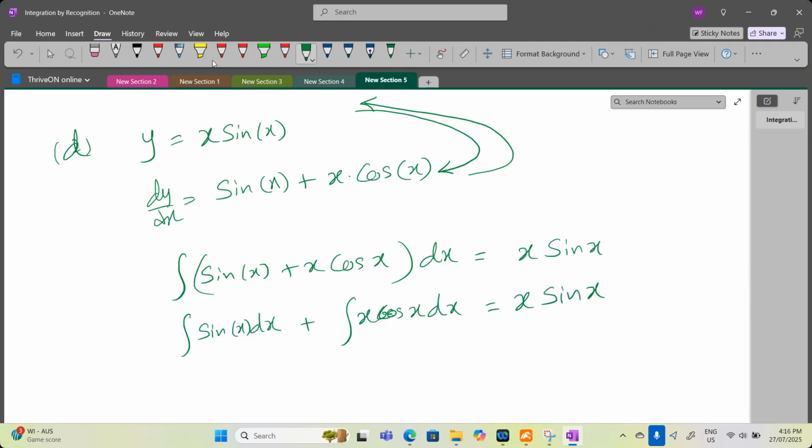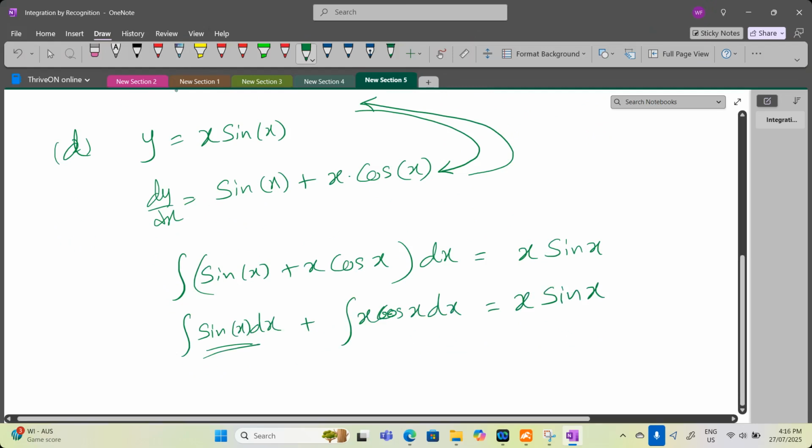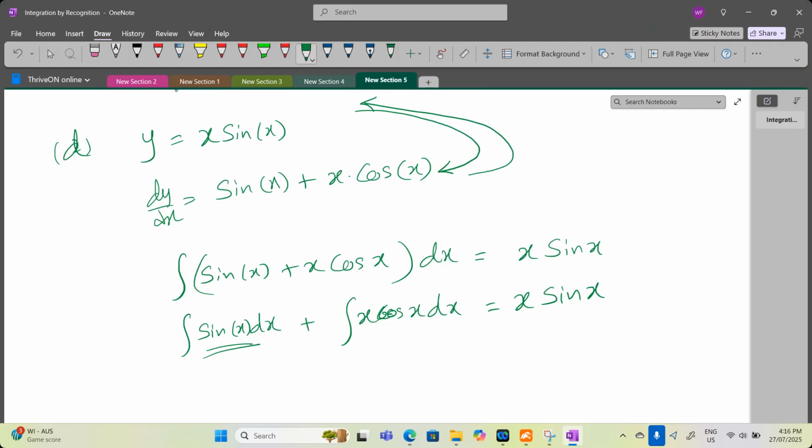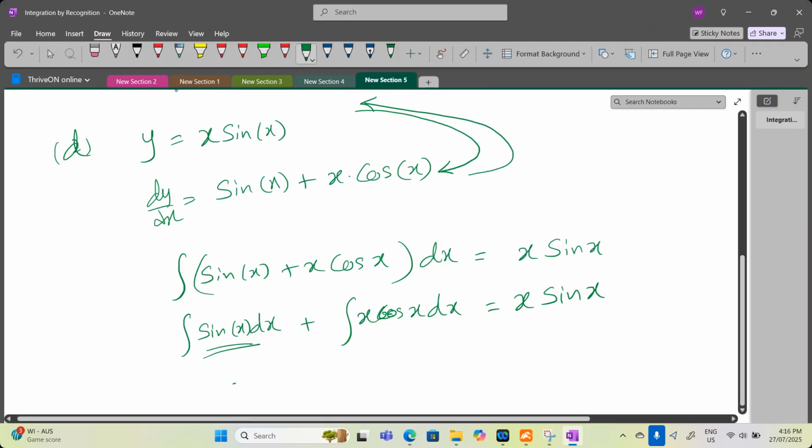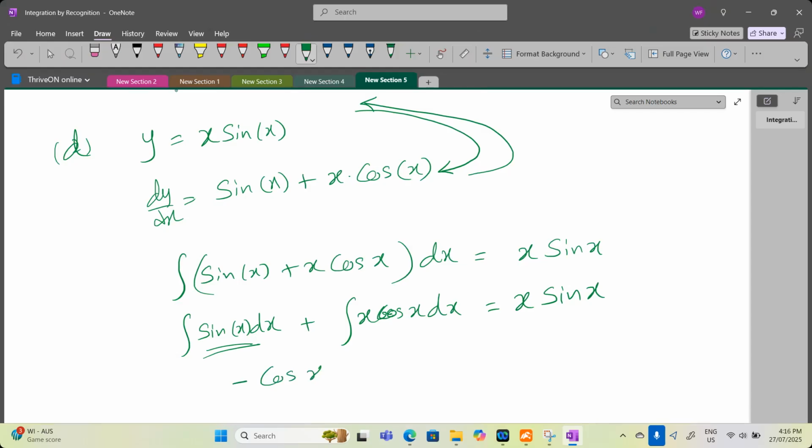Now in this, we can evaluate the sin x part. Only one part you cannot evaluate, other parts you can. The antiderivative of sin x is negative cos x, plus the integral of x cos x dx equals x sin x.